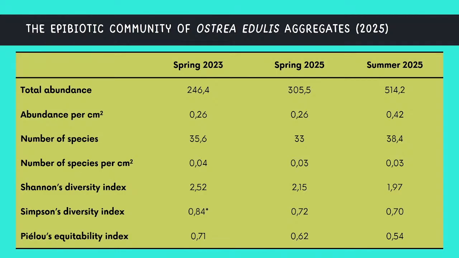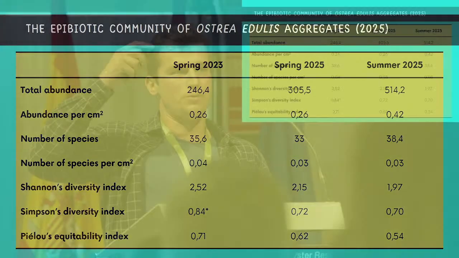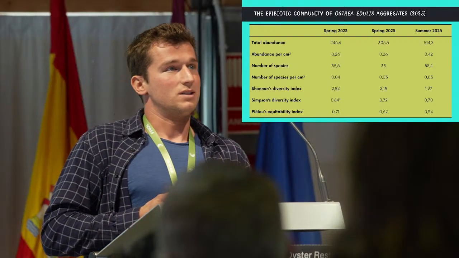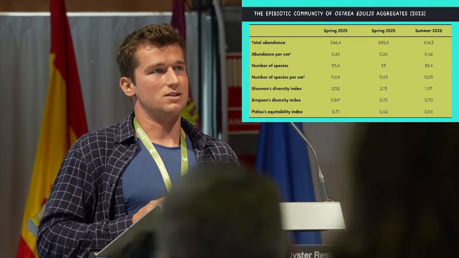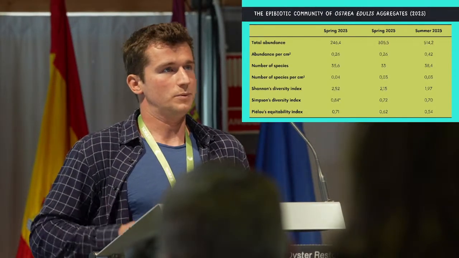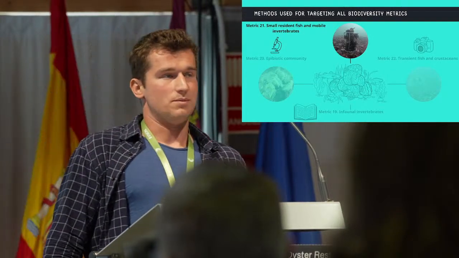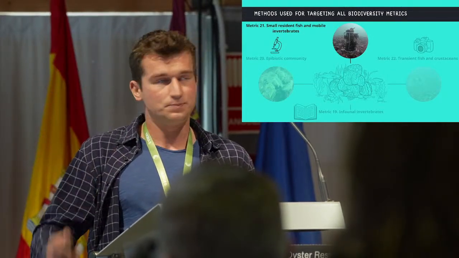That may be because in 2025 we actually have a huge abundance of Spirorbis, which is a polychaete, so we have a species that is really dominating the whole data set. But we will look into it later, also adding the data from autumn, from September.